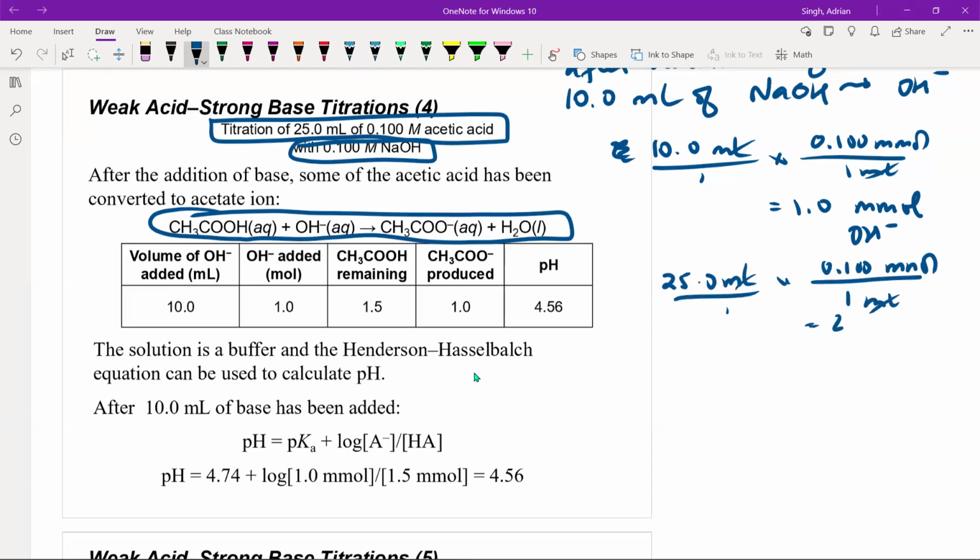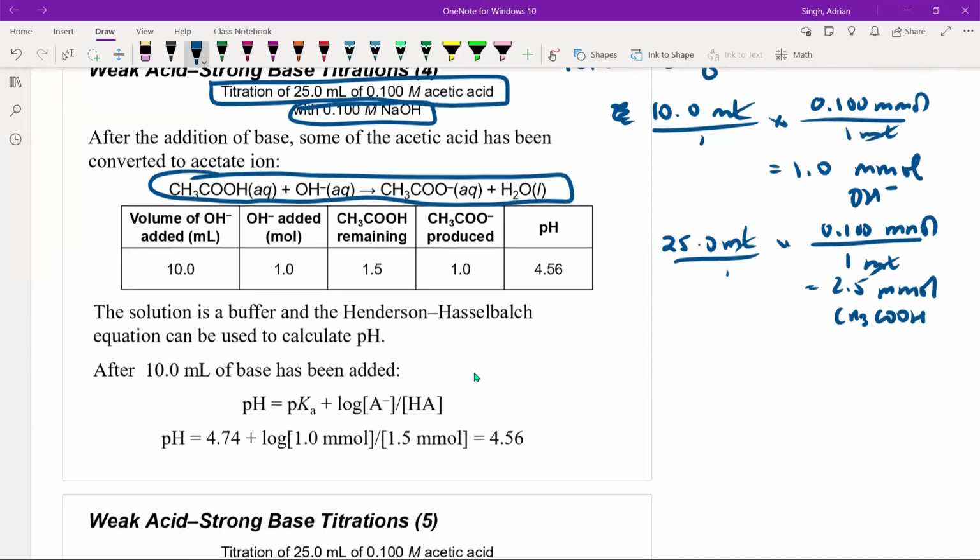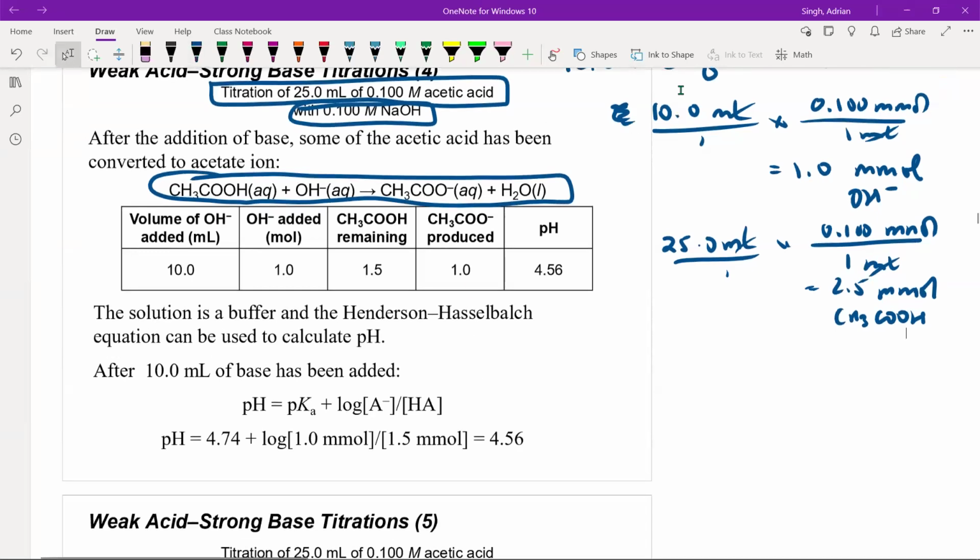Okay, so that gives 2.5 millimoles of the acetic acid, the CH3COOH. So in my equation, we're going to have the following.